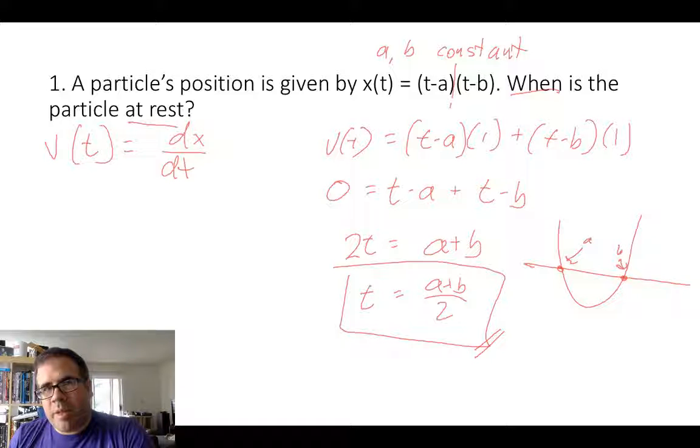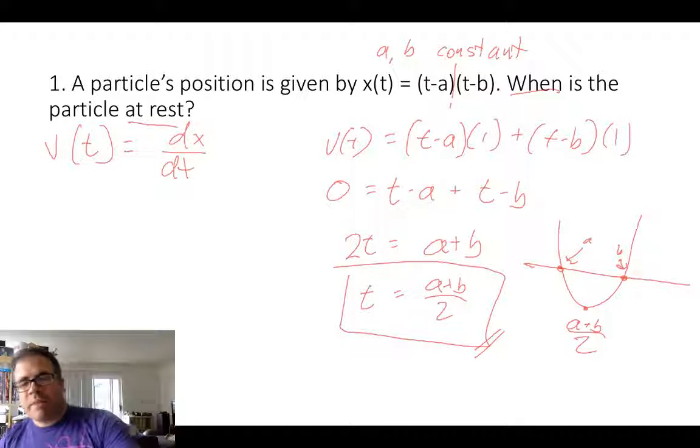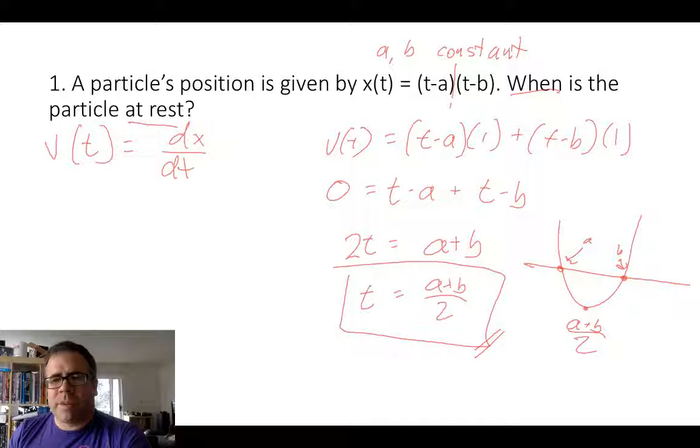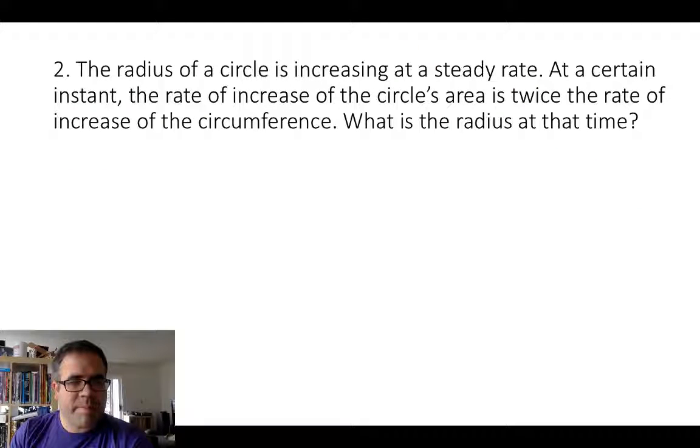And if you know anything about quadratics in factored form, you know that the vertex, which is where the curve turns around, and so the velocity must equal 0, is going to be halfway between a and b, or just the average, (a plus b) over 2. Always be looking out for cases where you don't need calculus to solve it, because oftentimes it's easier.